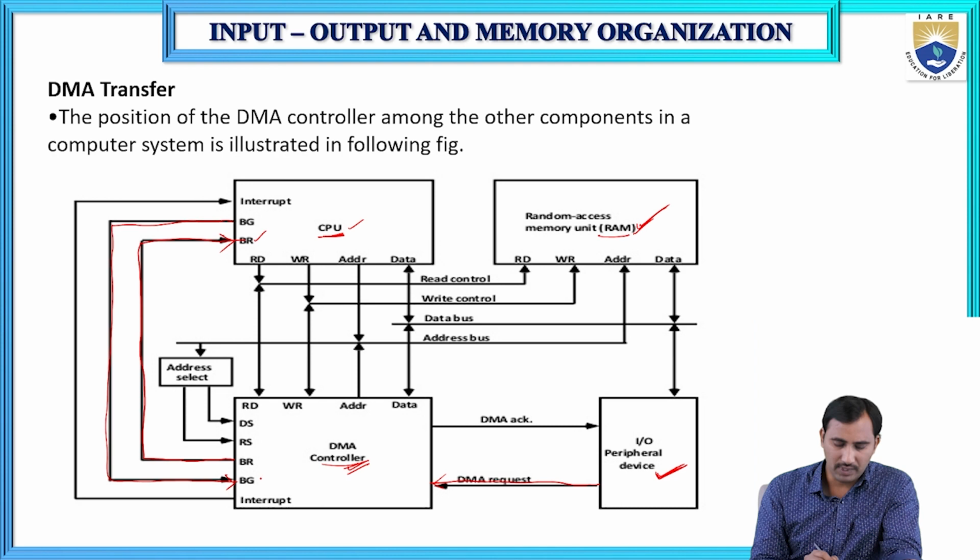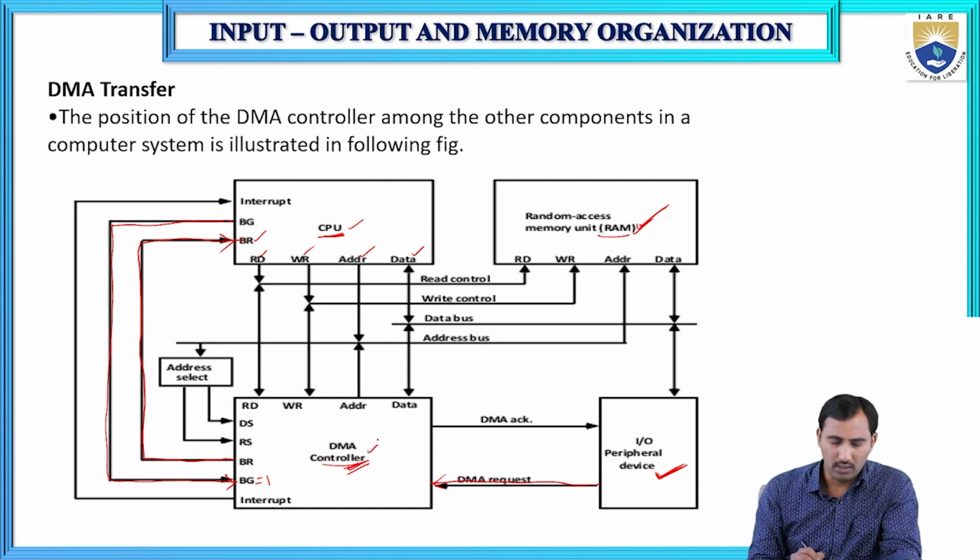When BG is equal to 1, the bus grant is given to the DMA controller. That means the data bus, address bus, and control buses of the CPU are disconnected from the CPU, and all these buses will be taken care of by the DMA controller.